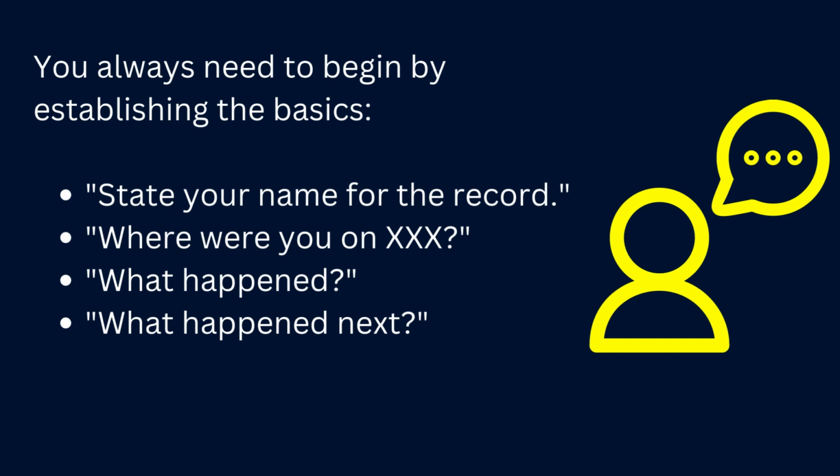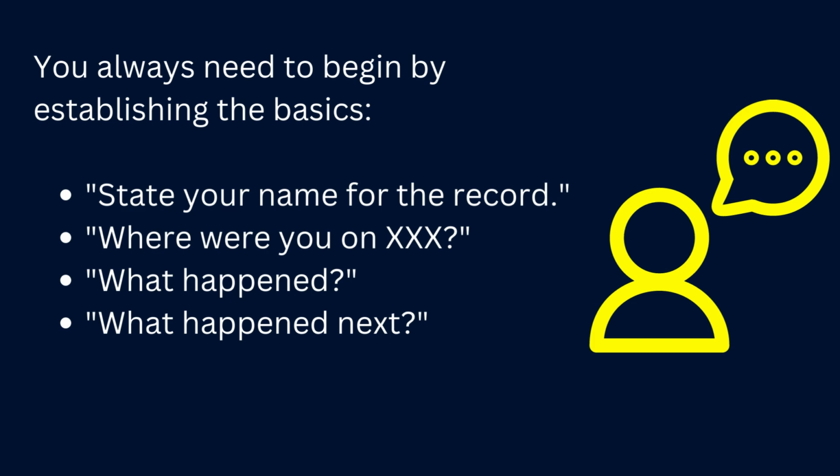You always, when you start, have to establish the identity of the person who is the witness. Remember, this is a witness that you have called. So it's somebody who you should have a relationship with, who, ideally, you have practiced these questions with several times.